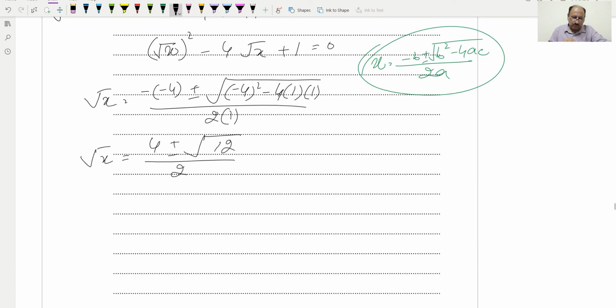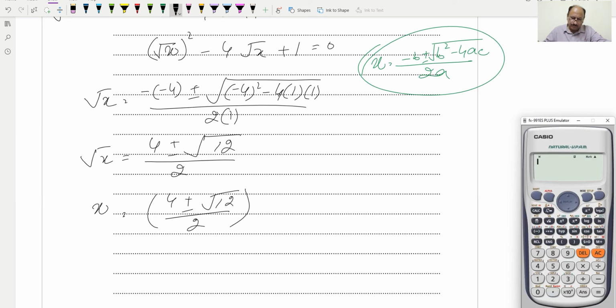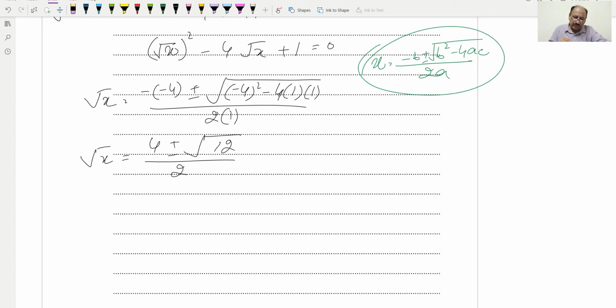We can take the square, so x will be equal to the square of (4 plus minus root 12) over 2. We can take the plus and minus separately, so there will be two values which we can solve.